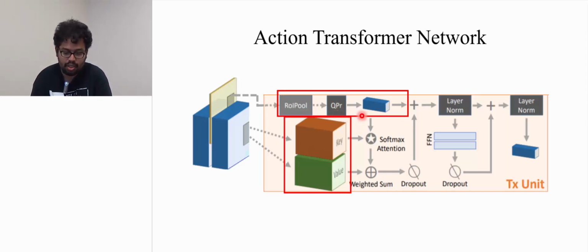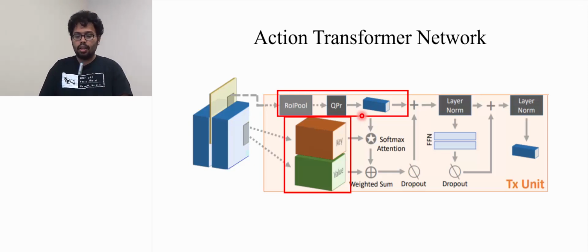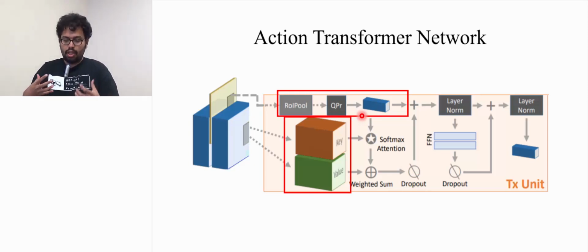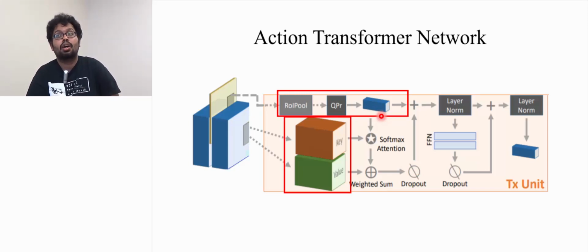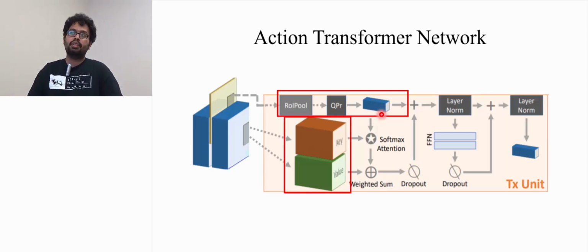A query preprocessor is basically used to downsample a 25x25 feature vector into a 7x7, after which it is converted into a 1x1x128 feature dimension using two different methods. One is called a high resolution query preprocessor, and the second one is known as a low resolution query preprocessor, which we'll see in some time.